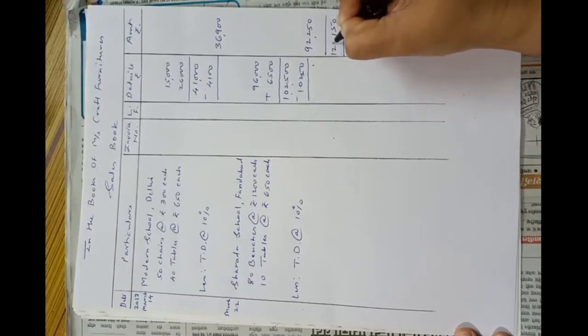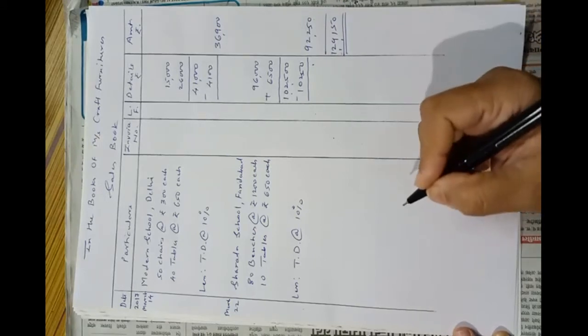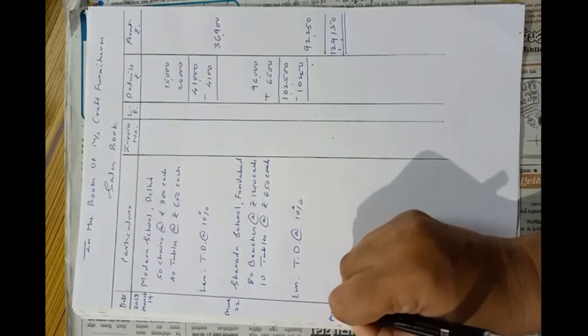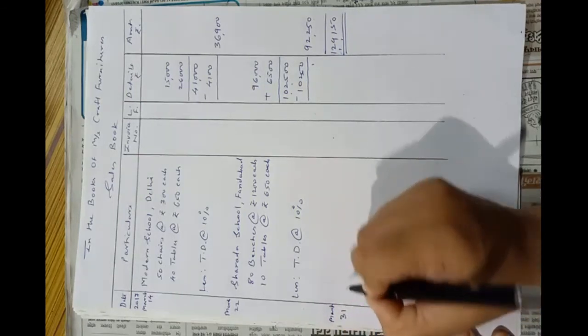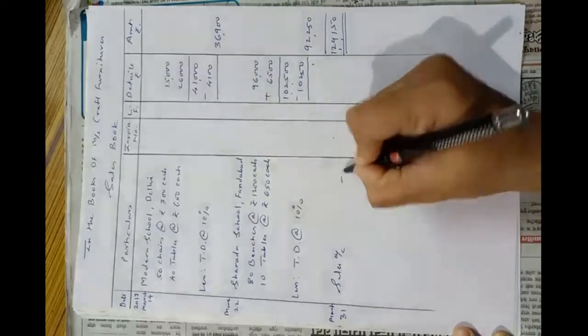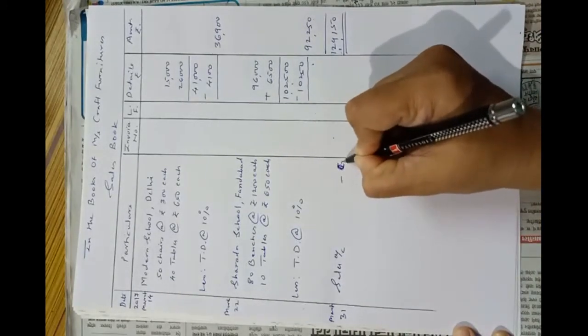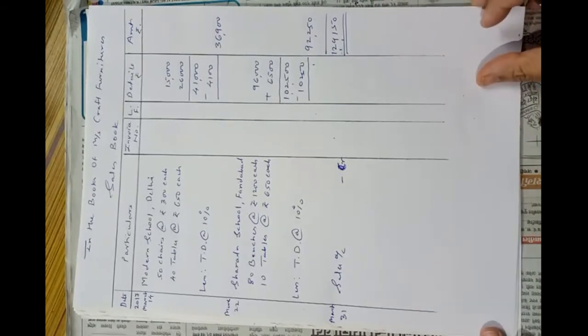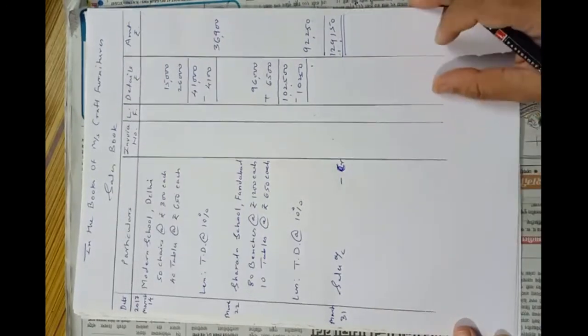It is 1,29,150. So on March 31st, sales account credit 1,29,150. In this way we have to prepare the sales book.